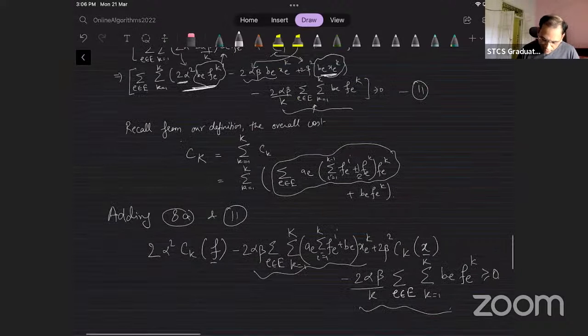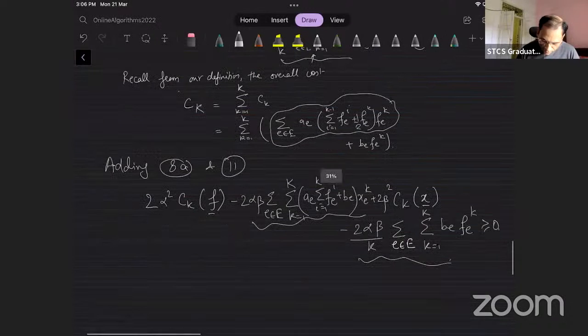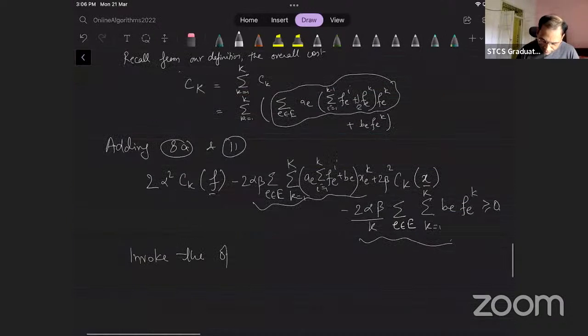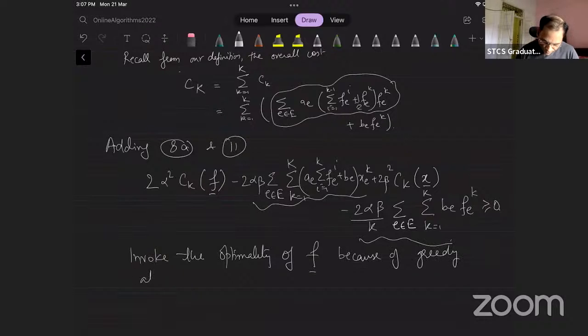Now I want to invoke the optimality of flow F, because of the greedy algorithm. Which term can I use? See, these two terms cannot be touched.